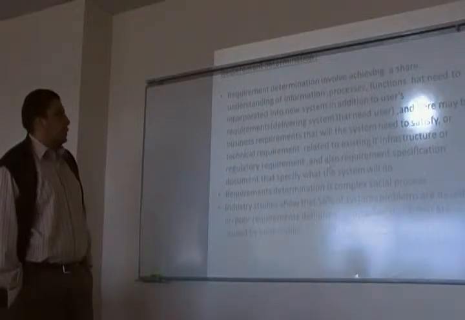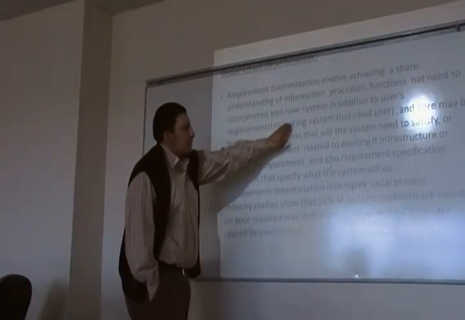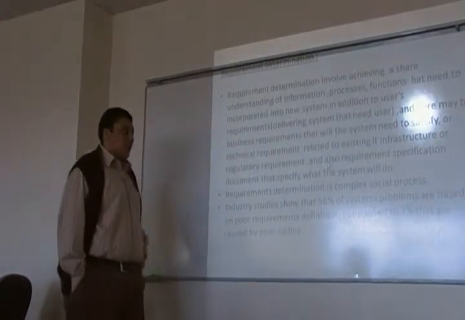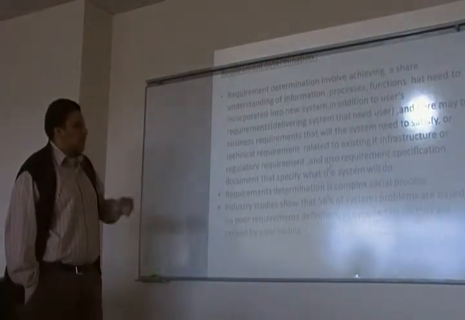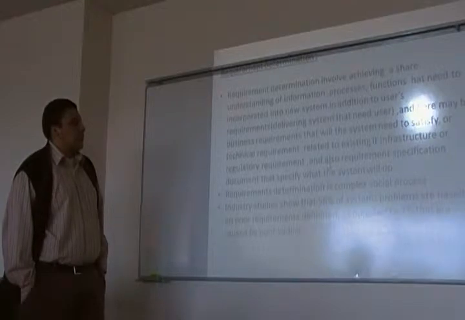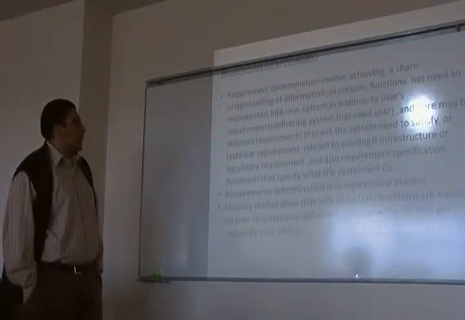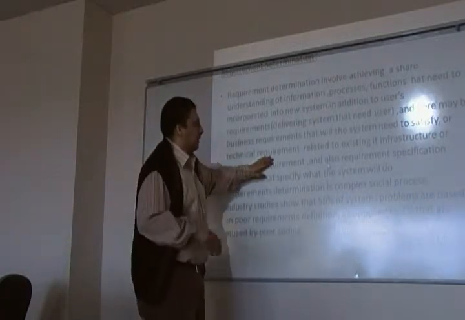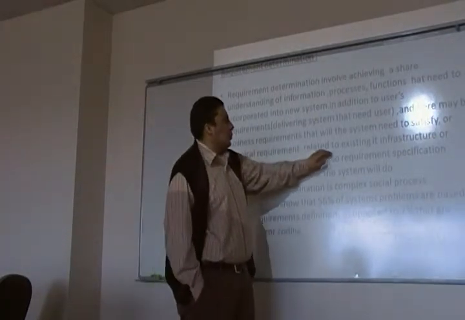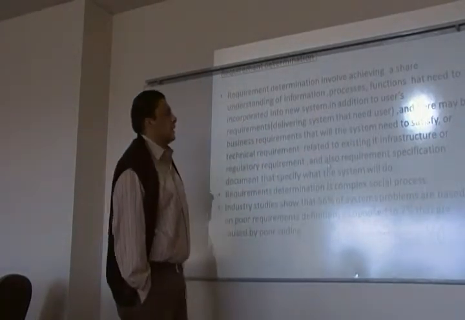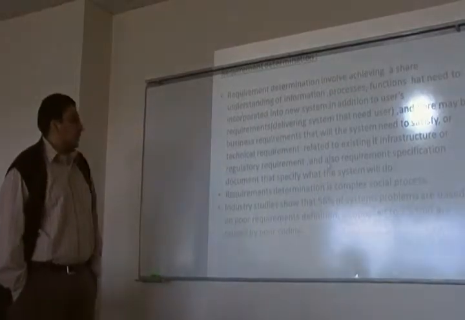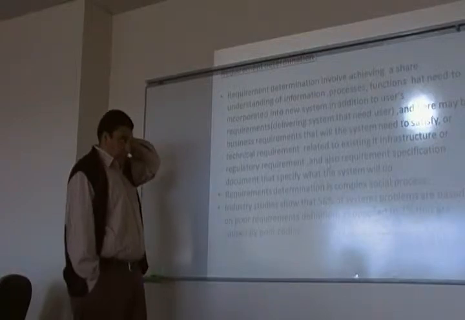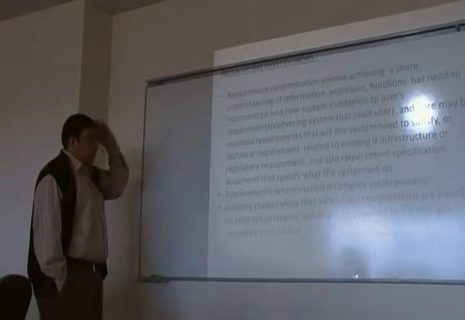In addition to user requirements, delivering a system that meets user needs, there may be business requirements, such as software or products which the system needs to satisfy, or technical requirements, reliability, usability, related to existing infrastructure, and regulatory requirements, and also a requirement specification document.